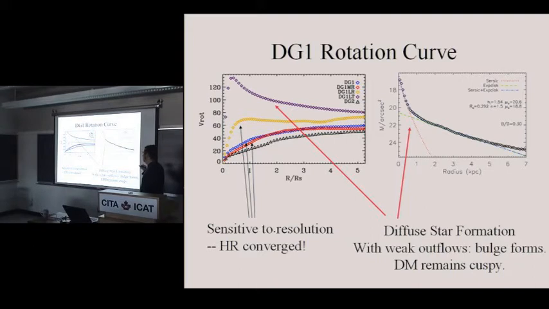And then you put decent feedback in, but moderate resolution doesn't do a good job. You increase the resolution, and in the medium resolution case you get the red curve, which looks already quite good. When you go to the full resolution, which is the blue curve, you keep a very similar profile. So in that sense we would claim that we've converged, because at least in the rotation curve it didn't evolve very much as we increase the resolution.